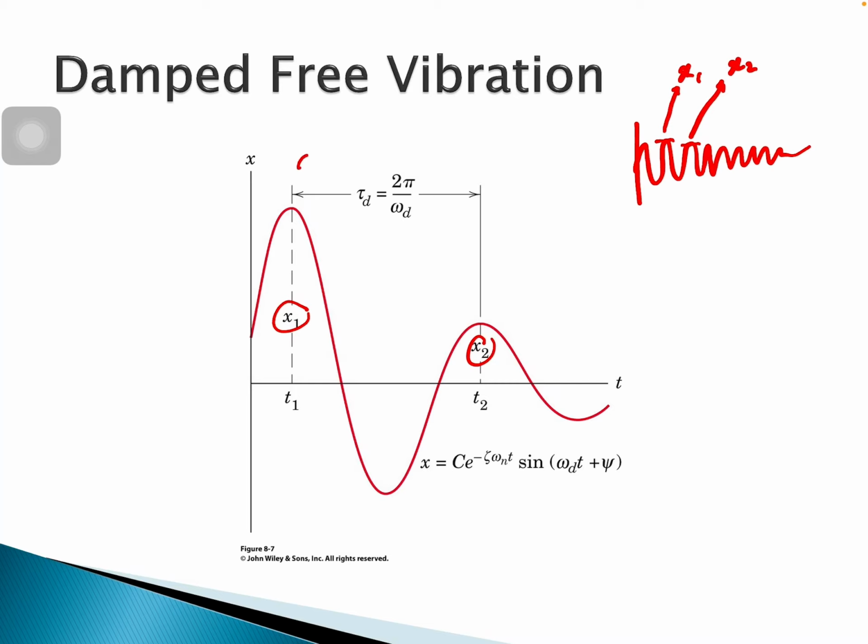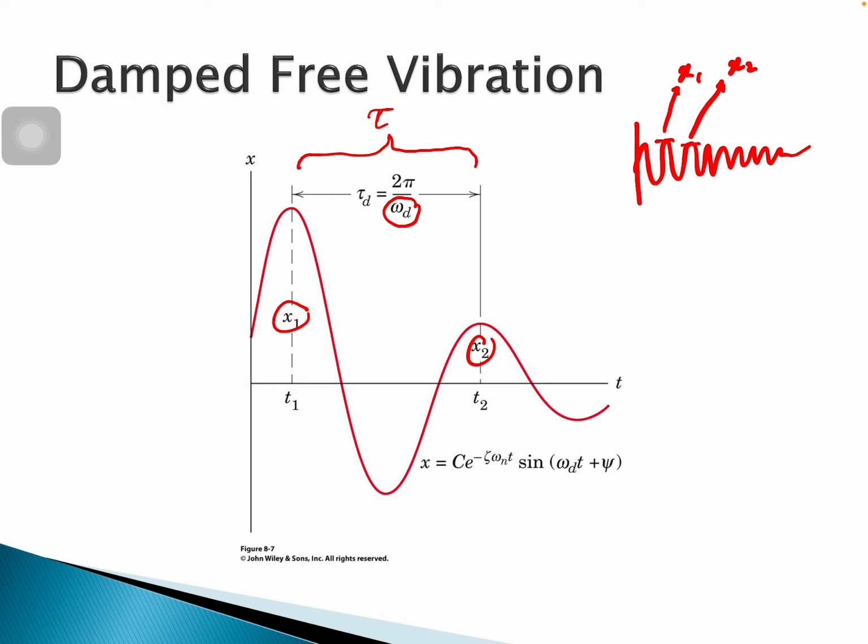The length between the two peaks is the period tau. So we can calculate tau, and tau is related to the damped natural frequency.